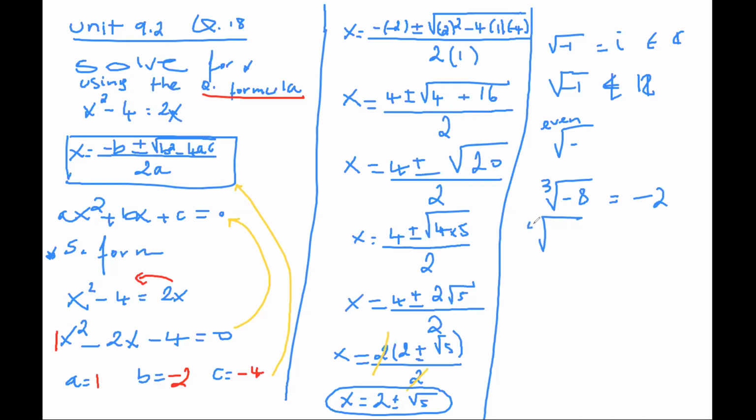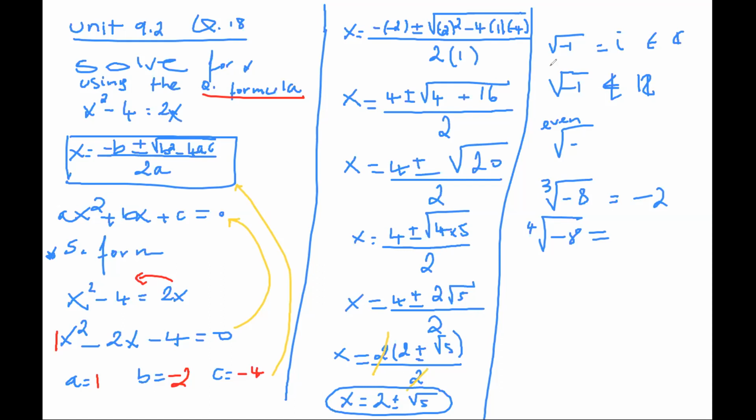But if you have an even index, for example this, what do you say about this one? This is even, could be 2, 4, 6. So what do you say about this expression? No, but this is an even index. We have a negative number here. This again is undefined.